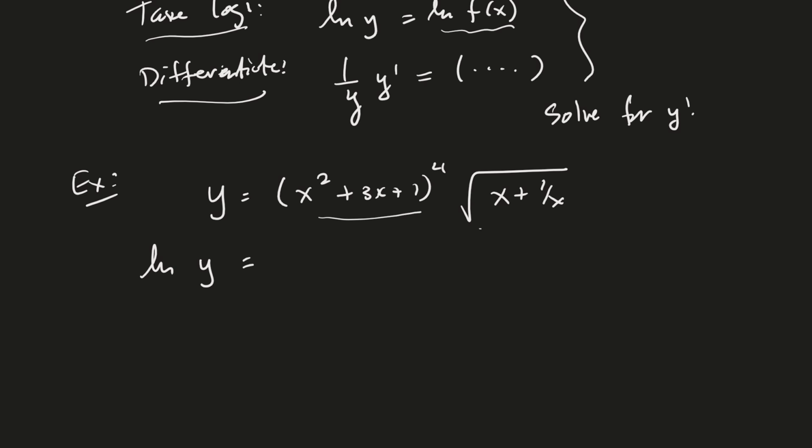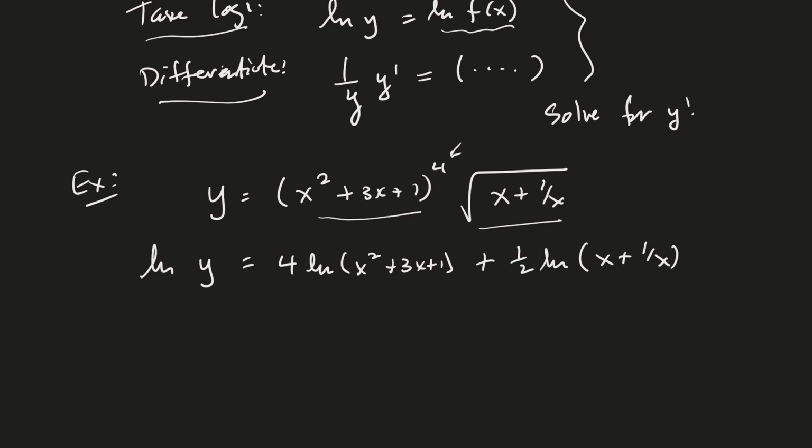I can break this up into a sum, and also the powers come down front, and so this would be 4 times the natural log of x squared plus 3x plus 1 plus, and then this is a 1/2 power, 1/2 times the natural log of x plus 1 over x.